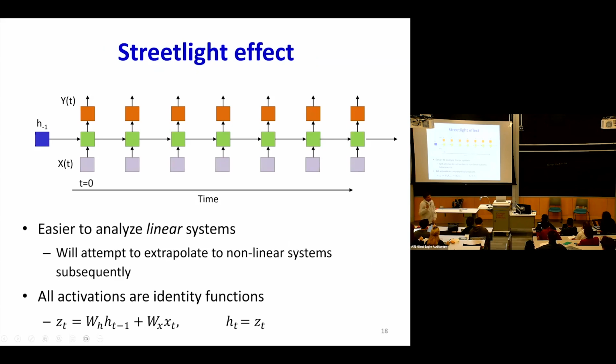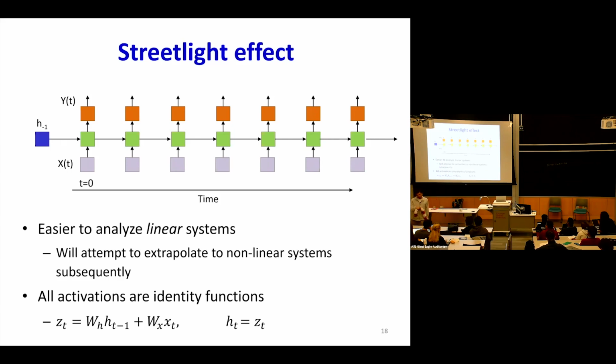I'm going to analyze a network where the recurrent layer, I'm speaking only of the recurrent layer, I'm not worried about the output layer, I'm not worried about anything underneath, has linear activations, which means that at each recurrent neuron you're going to be computing an affine function of the previous hidden variable and the current input.